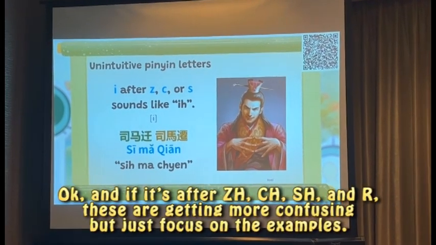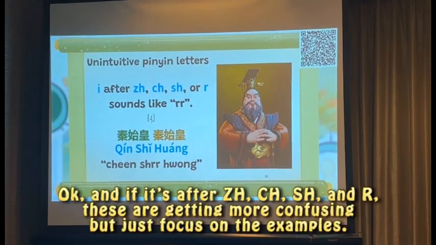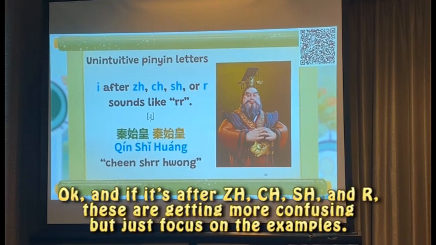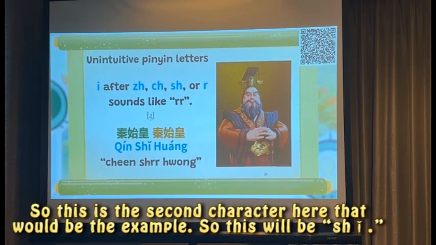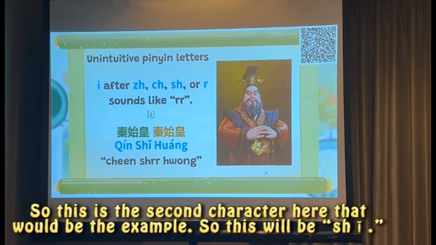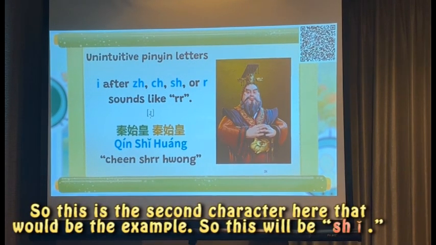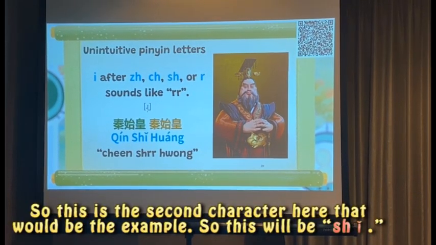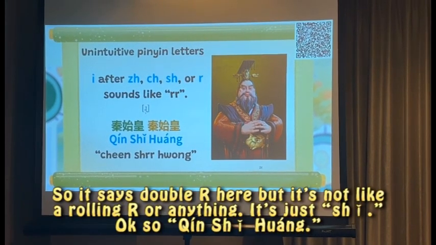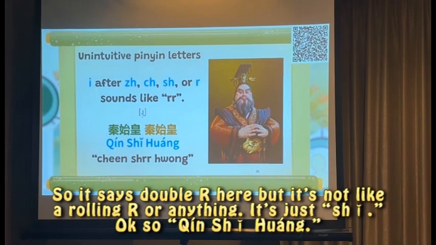Okay, and if it's after ZH, CH, SH, and R, these are getting more confusing, but just focus on the examples. So this is the second character here, that would be the example. So this would be 史, 史. It says double R here, but it's not like a rolling R or anything.